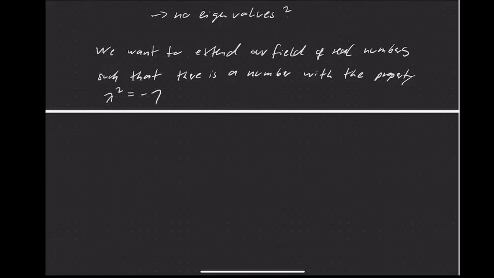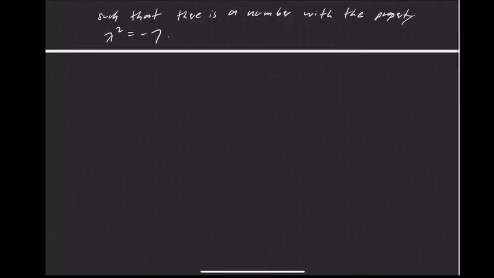And then we could have roots to that polynomial above. So let's first see the formal definition, and then we'll see how to work with these numbers and why what we wanted to do actually works.